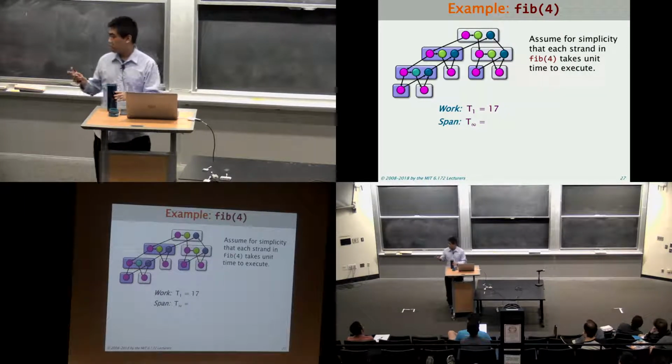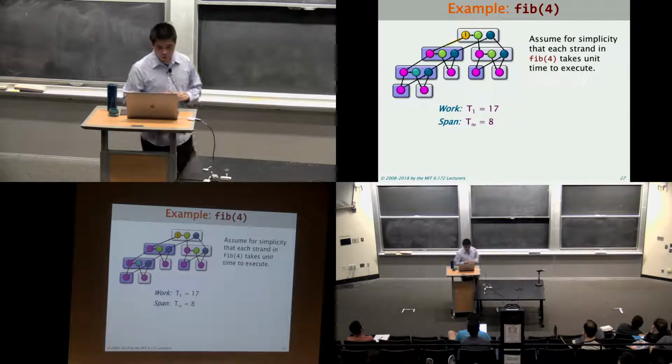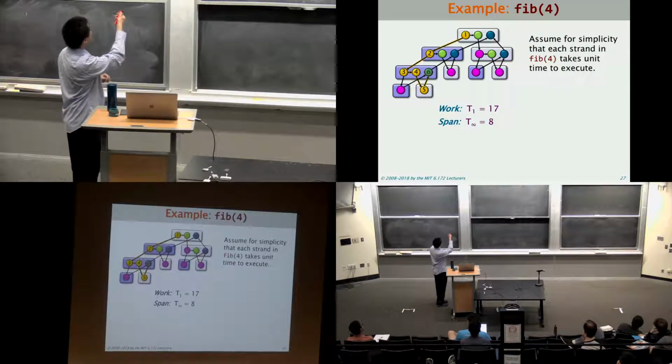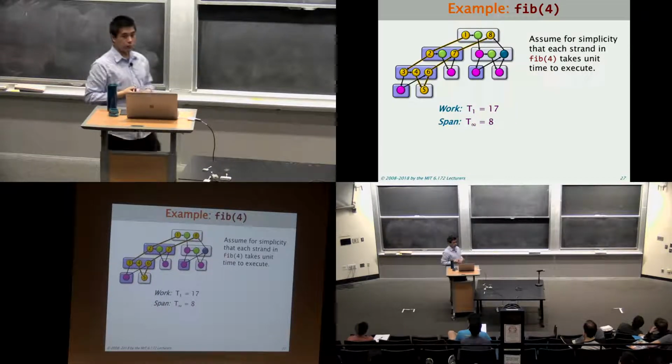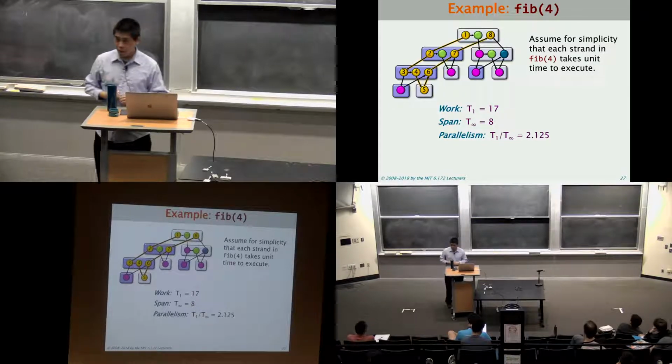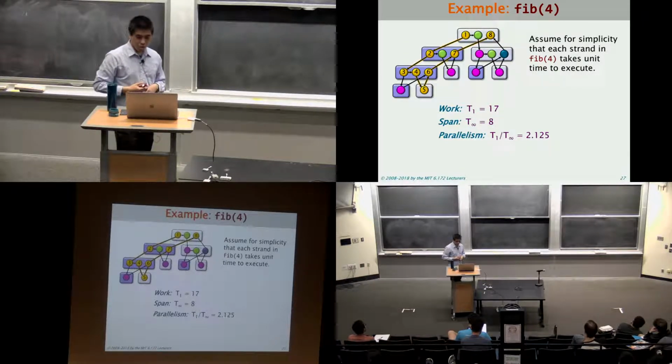Somebody said 8. Yeah, so the span is 8. And here's the longest path. So this is the path that has 8 nodes in it, and that's the longest one you can find here. So therefore, the parallelism is just 17 divided by 8, which is 2.125.